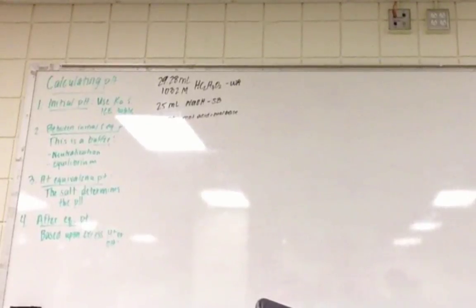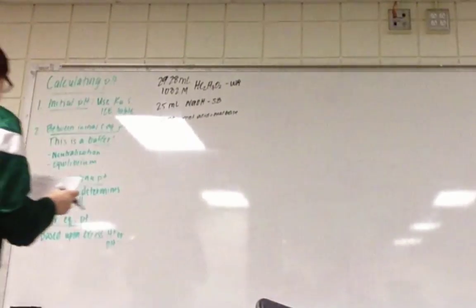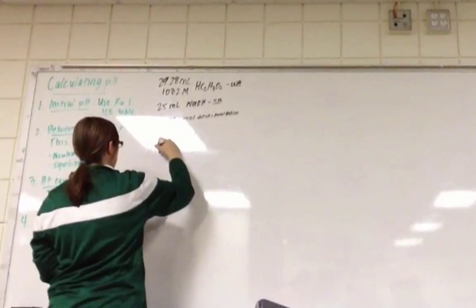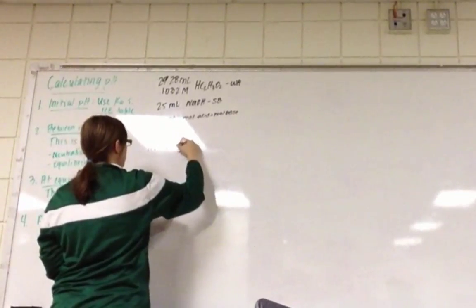So not quite as much as the first example because we already know that we're at the equivalence point. The difference between this one and the one before was we were adding sodium hydroxide and we didn't know where we were in the titration. Now we know where we are. So the first thing we need to do is calculate the initial pH.